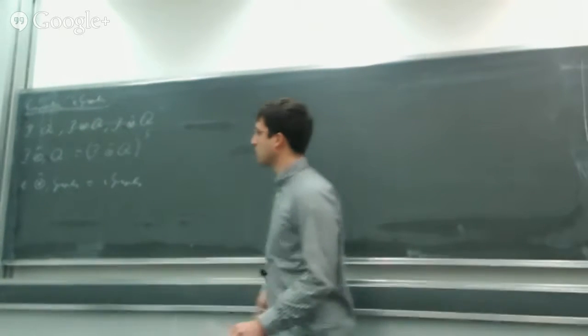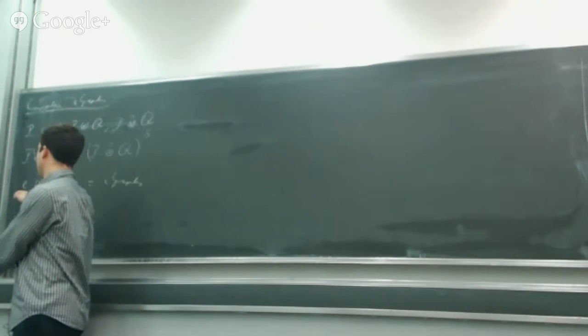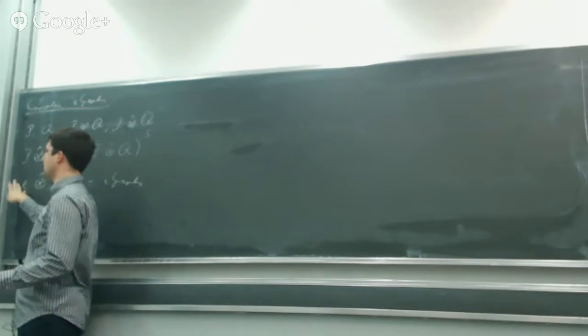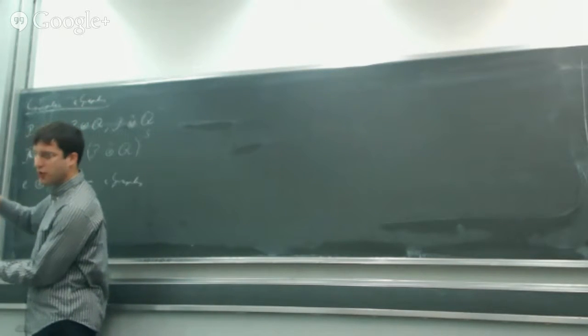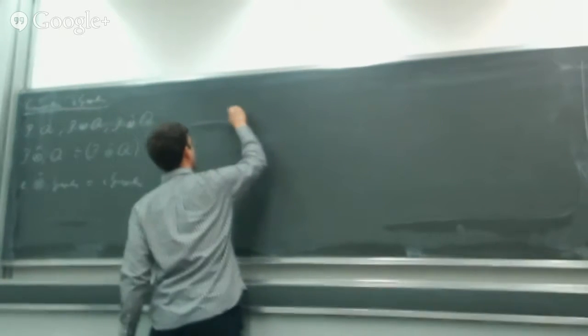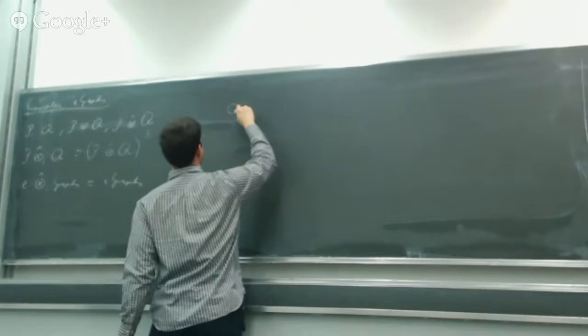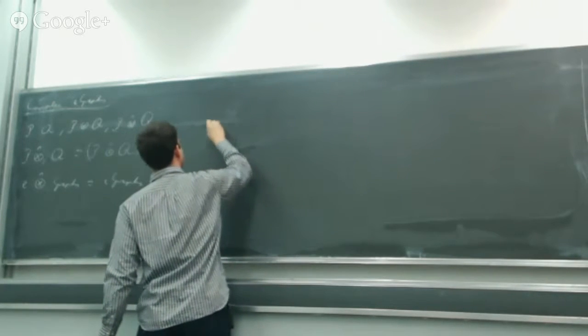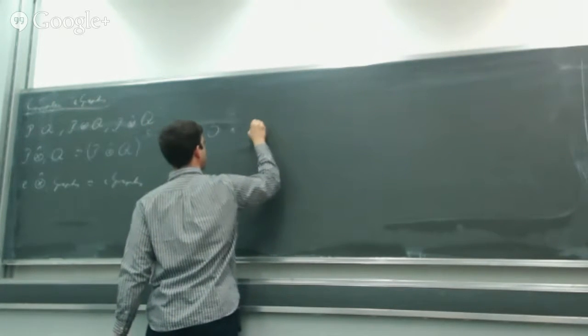So what is this? What does it mean, this tensoring? So I have inputs here and inputs here, and I connect them somehow. So inputs here look like, for example, this. Wedge.